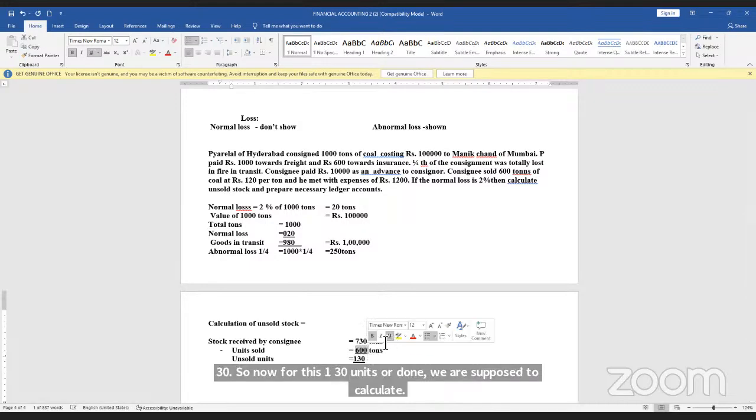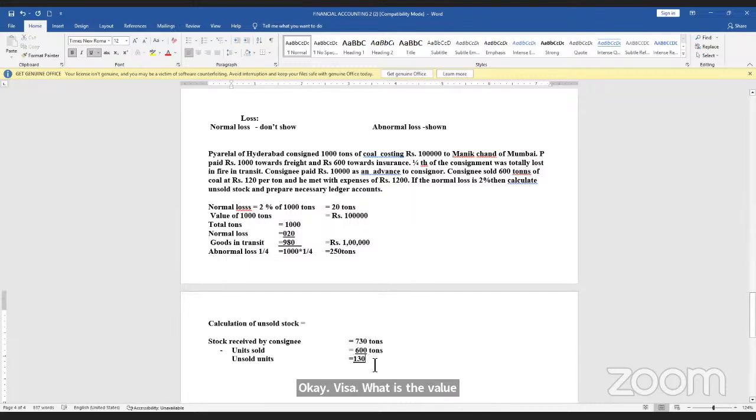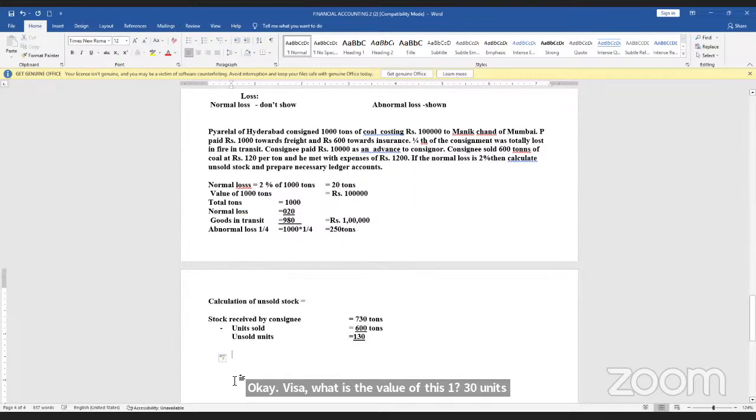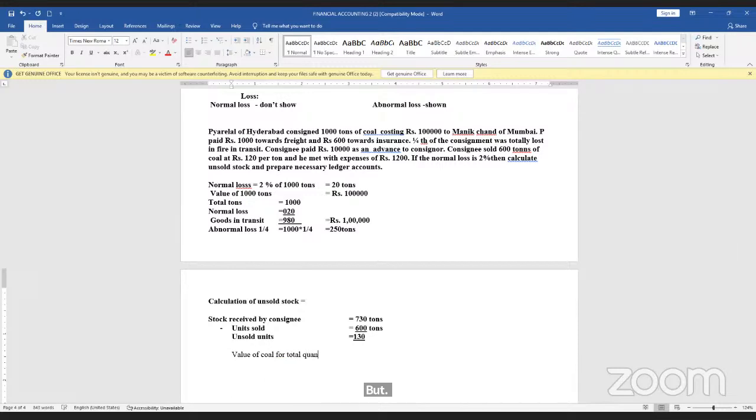This is the value of these 130 units we are supposed to calculate. Now let's see 130 units. So the value of coal or goods for the total quantity is how much? 1 lakh, right?